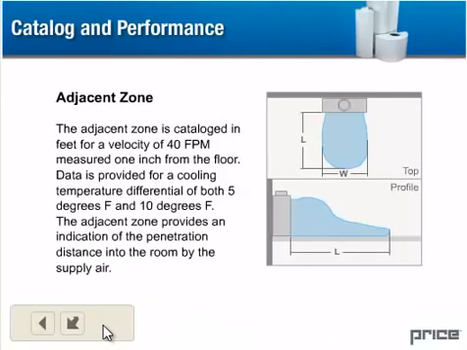The adjacent zone is cataloged in feet for a velocity of 40 feet per minute, measured 1 inch from the floor. Data is provided for a cooling temperature differential of both 5 degrees Fahrenheit and 10 degrees Fahrenheit. The adjacent zone provides an indication of the penetration distance into the room by the supply air.